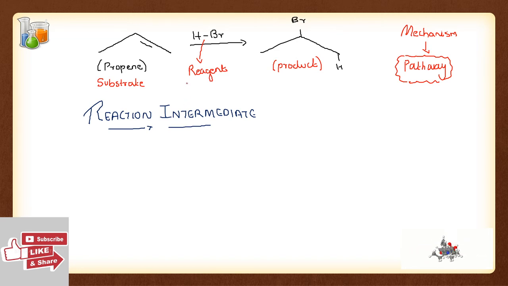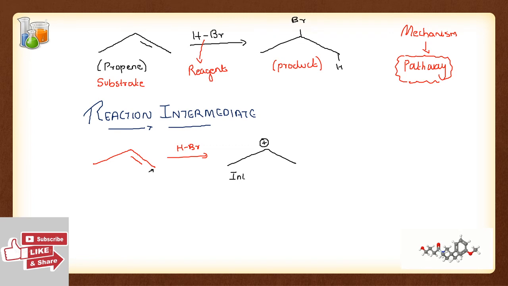Now, let us look at the mechanism of the above reaction. In the first step there is propene. Now, HBr is there. The H attacks the third carbon atom, that is this carbon atom, and a carbocation is formed over here, and this carbocation is the reaction intermediate.